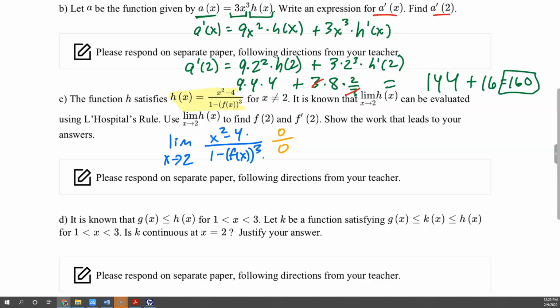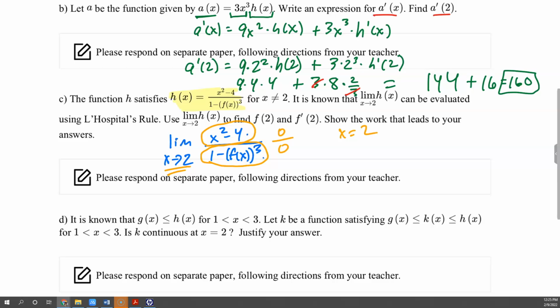Okay. So let's look at the top real quick. What would x have to be to make that 0? 2, which kind of makes sense because that's right there. Okay, look at the bottom real quick. This is super important. When is the bottom going to be 0? When f of x is 1.